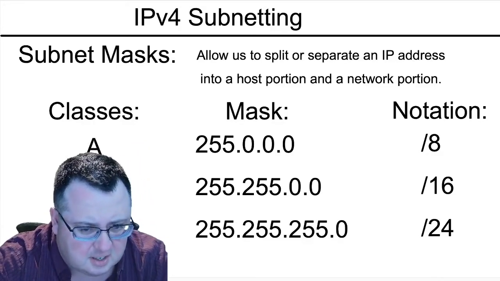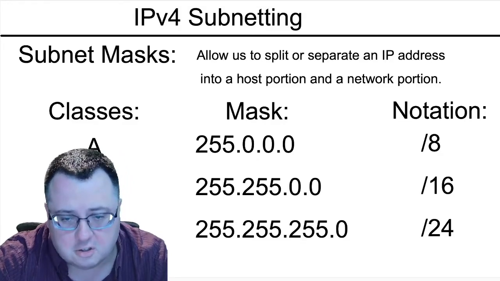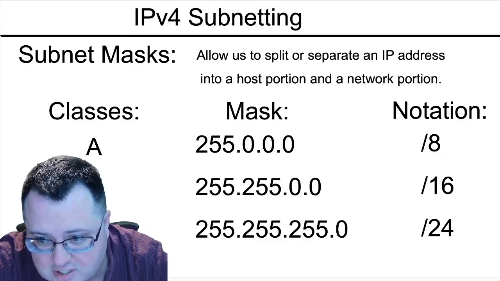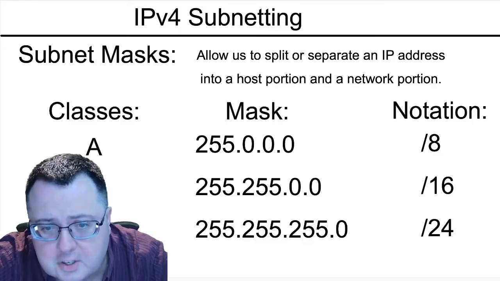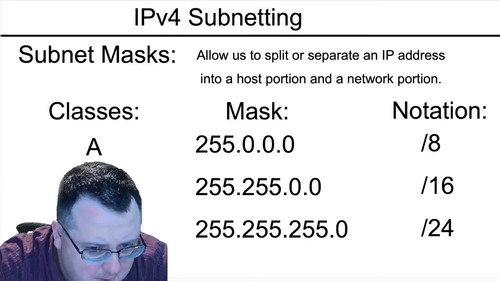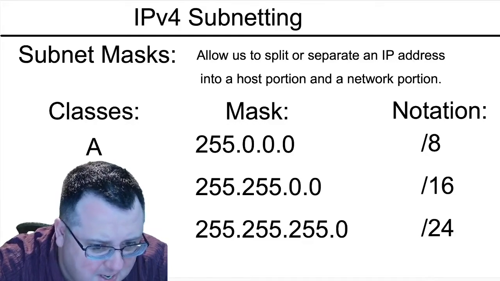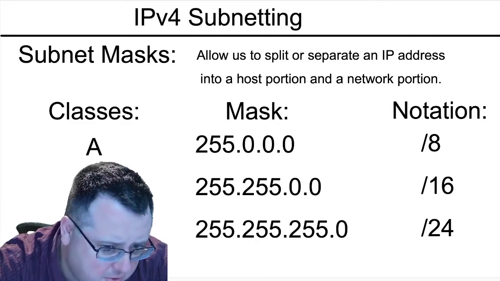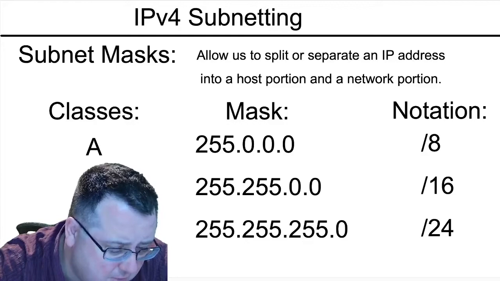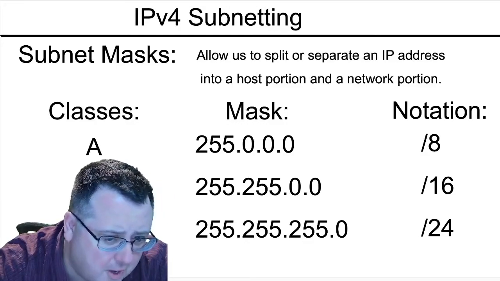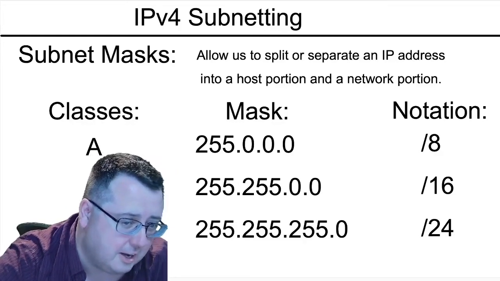And for C, it is 255.255.255.0, /24. If you think about this in terms of binary, remember each one of those octets has 8 binary digits in it, and for a number to have a value of 255, every single digit has got to be a 1.